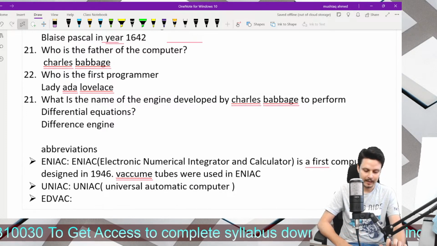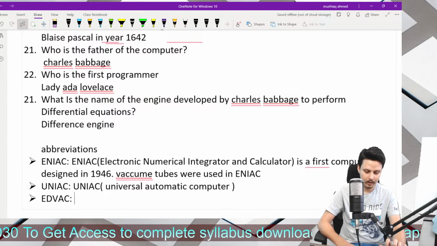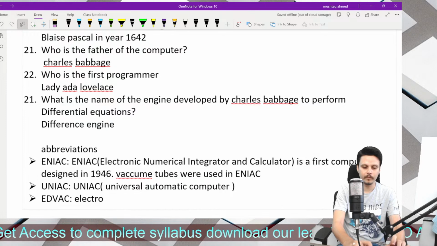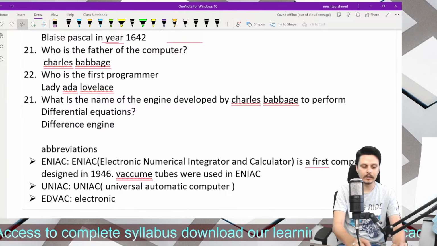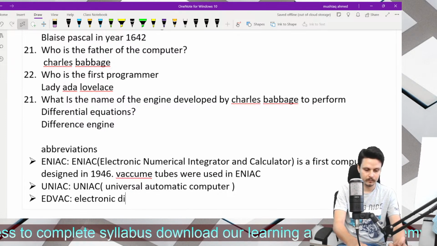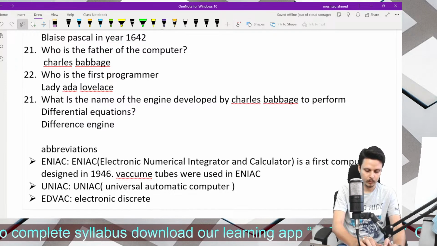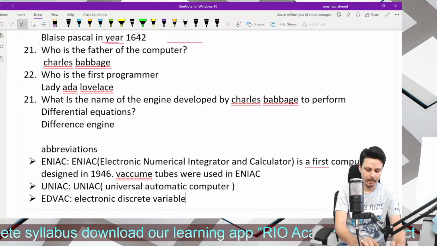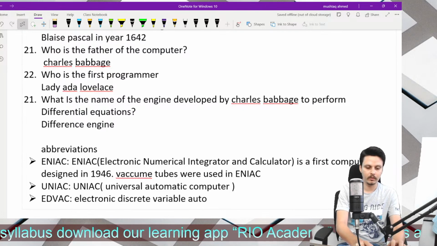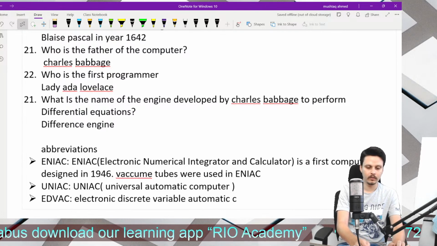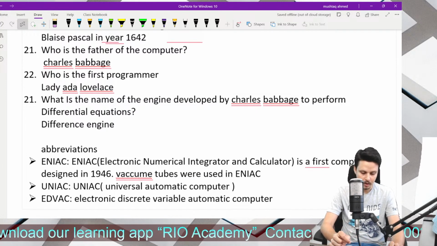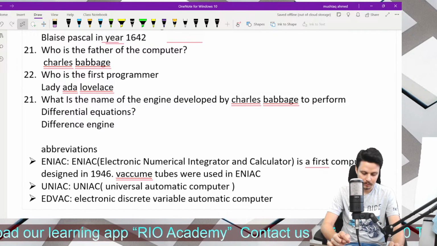EDVAC is the Electronic Discrete Variable Automatic Computer. Electronic Discrete Variable Automatic Computer.